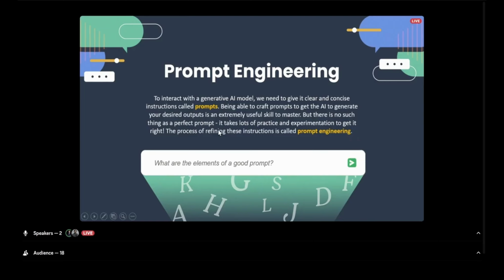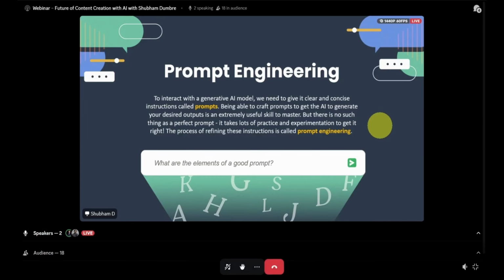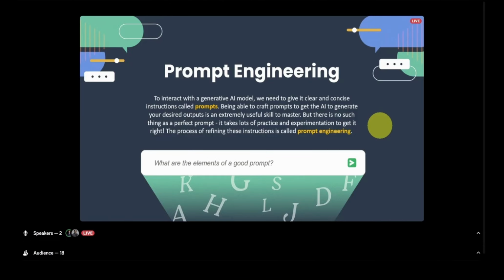So this is in simple words known as prompts, and you will be able to craft better prompts once you start practicing different kinds of ideas. When you start writing prompts, you will develop this skill over a period of time. It's not that you will have good control over it initially. You might need some time to start building your prompts on your own.